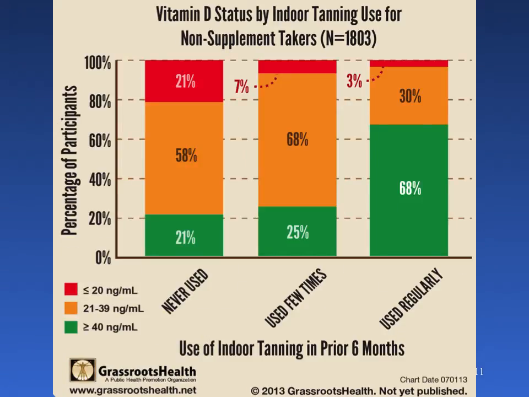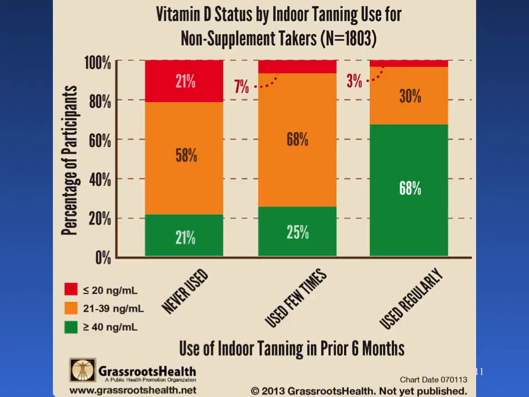This chart shows the vitamin D status for participants who did not use indoor tanning in the prior 6 months, those who used it a few times, and those who used it regularly, which is 1 to 3 visits per week. Like the previous graph, this graph just includes participants who reported not taking vitamin D supplements in the prior 6 months.